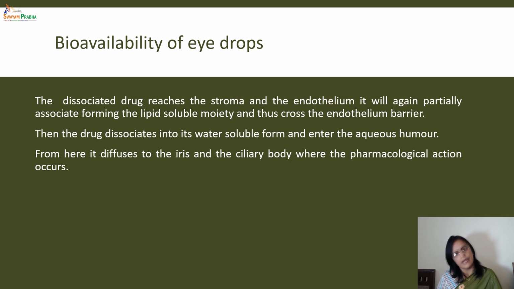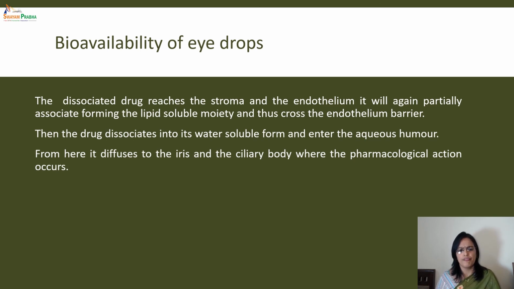Now next is the bioavailability. The dissociated drug that reaches the stroma and the endothelium will again partially associate, forming the lipid soluble moiety, and thus it crosses the endothelial barrier.